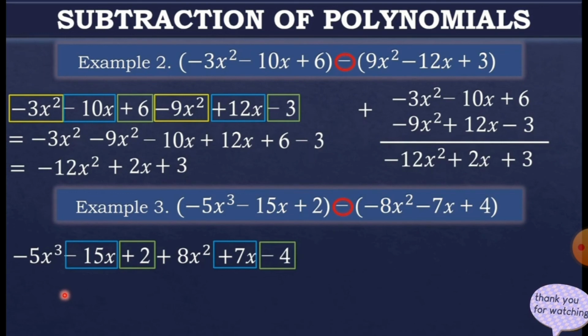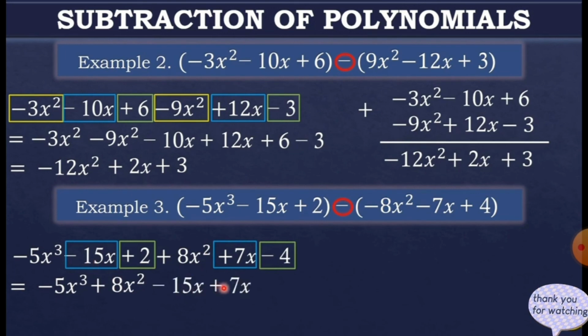So, we have to write it in standard form. When you say standard form, it goes from the highest degree or highest exponent to the lowest exponent. So, again, we will write negative 5x cubed, then followed by 8x squared. It is next because it has the second biggest exponent. Then, negative 15x and positive 7x, just copy.